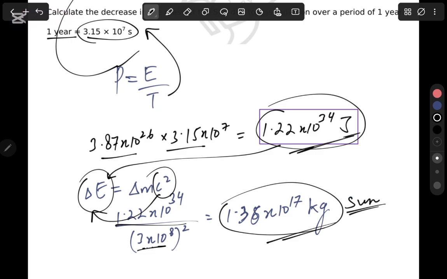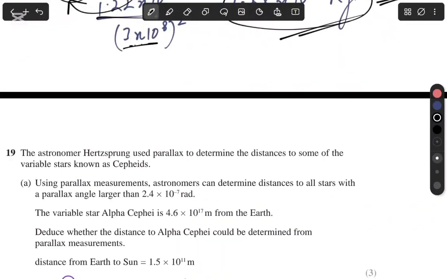The astronomer Hertzsprung used parallax to determine the distance. The variable star Alpha Cephei is 4.6 times 10 to the power of 17 meters from the sun. Deduce whether the distance of Alpha Cephei could be determined from the parallax measurements, and they've given the distance to the sun from Earth.